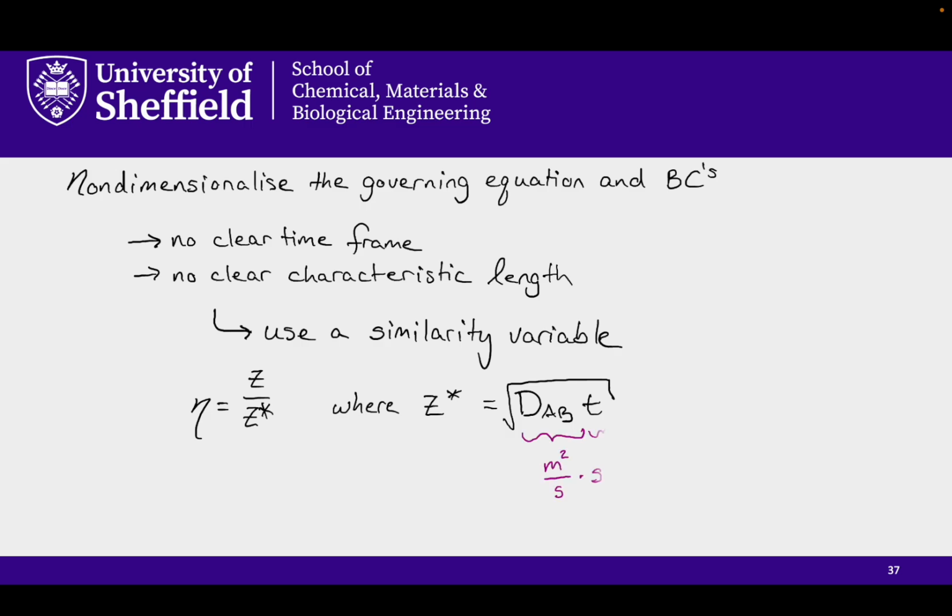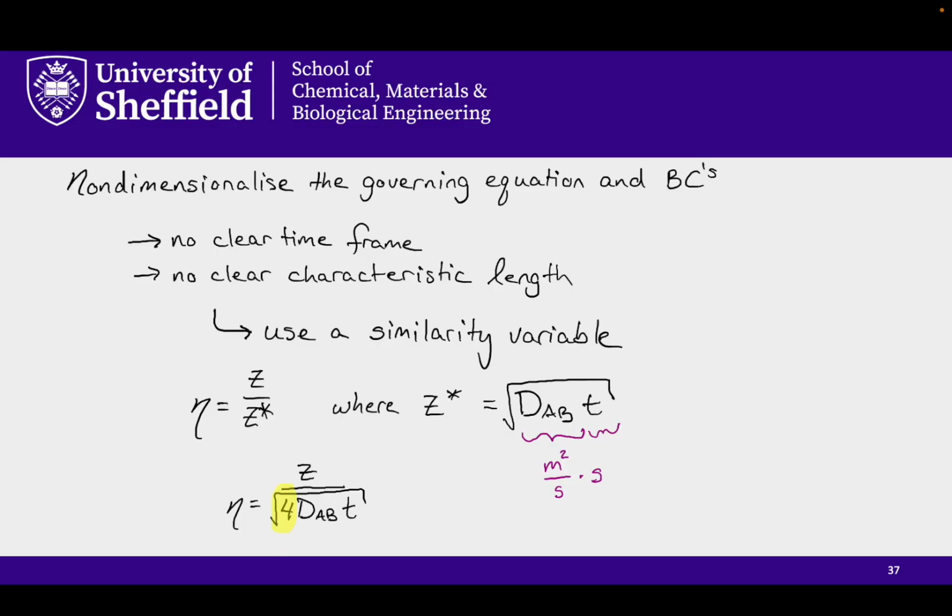This gives us the correct units for a characteristic length and allows us to create the similarity variable that contains both z and t.